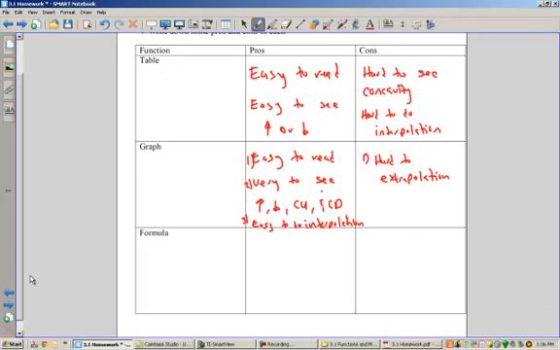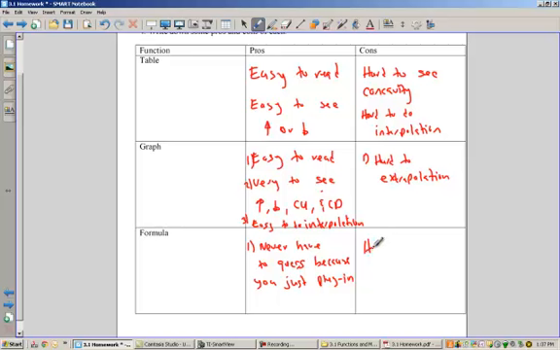Formulas, pros: you really don't have to guess. You never have to guess, because you can just plug in the value. So it's easy to do interpolation and extrapolation for the most part.